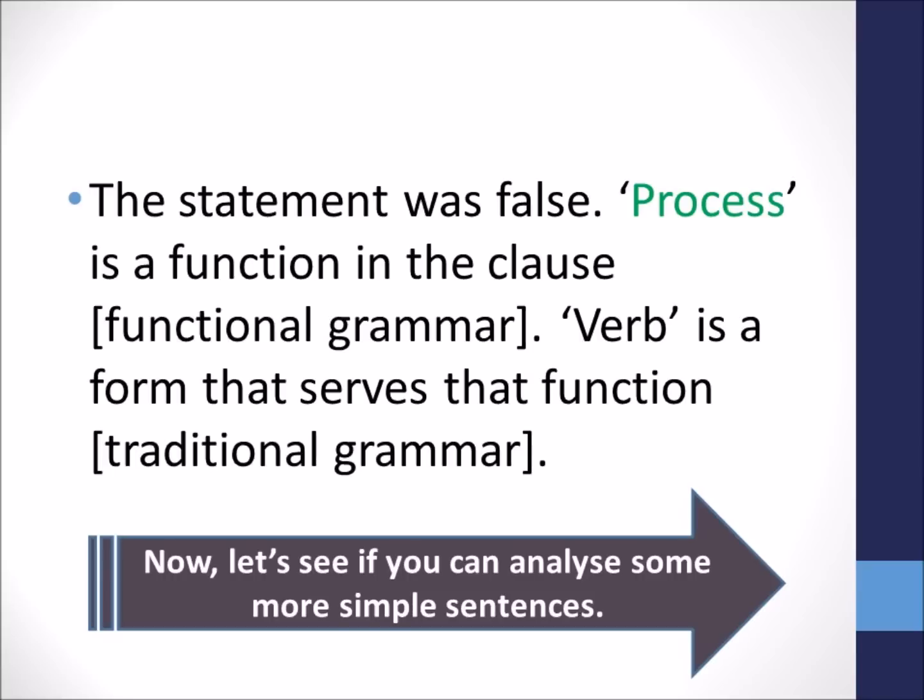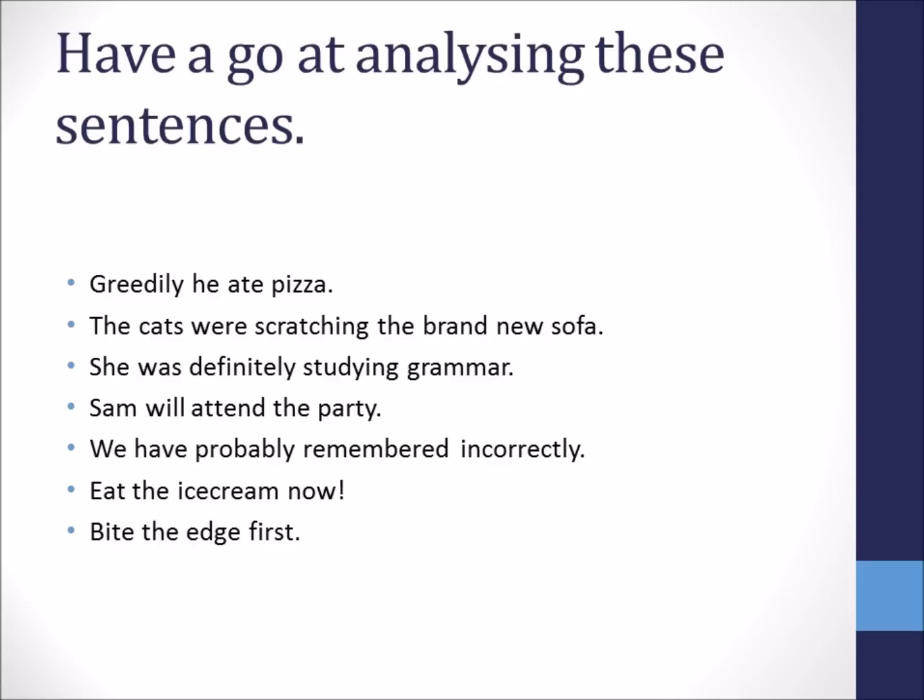Right, now let me give you some simple sentences for you to look for the process in them. What I'd like you to do now is to press pause in a few seconds and write down these sentences and see if you can work out where is the process, where is the participant, and where is the circumstance.